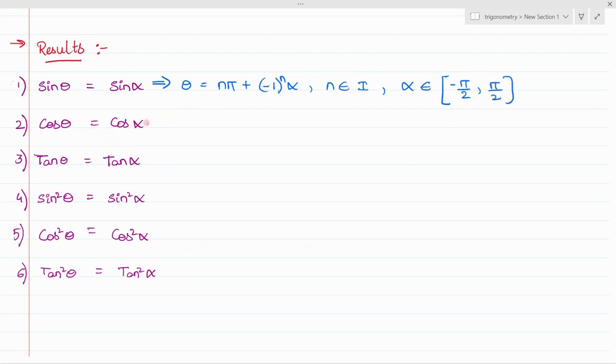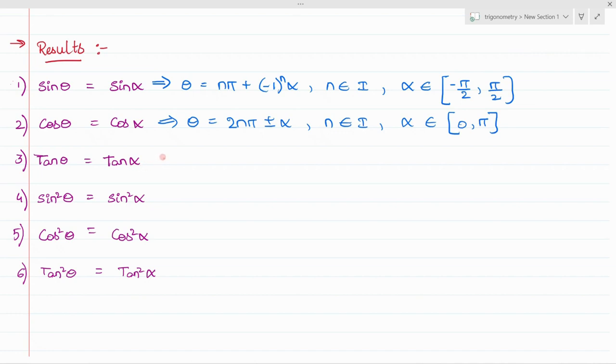Next, cos theta is equal to cos alpha. Here, the general solution of theta is 2n pi plus or minus alpha, where n belongs to all the integers and alpha belongs to closed 0 comma pi.